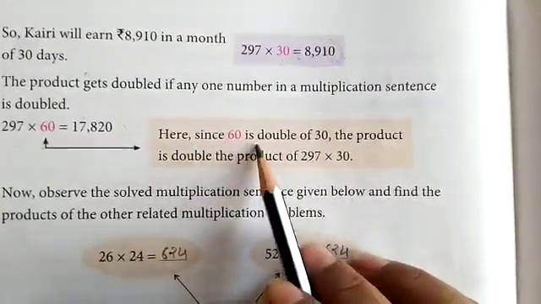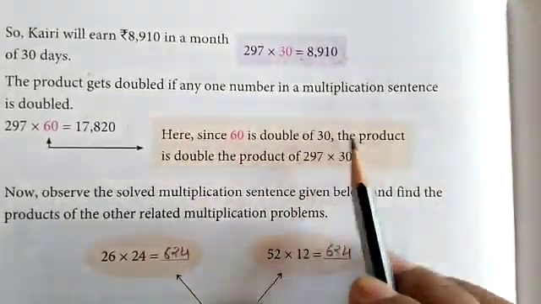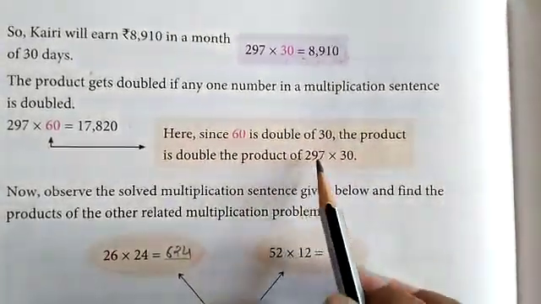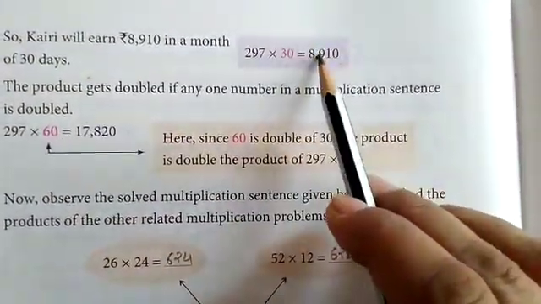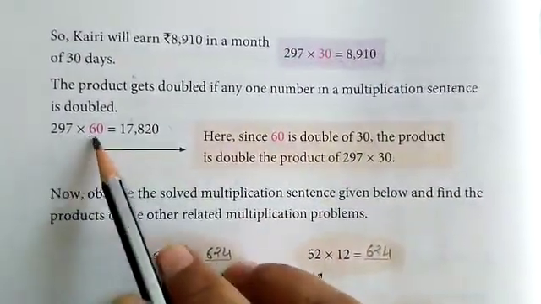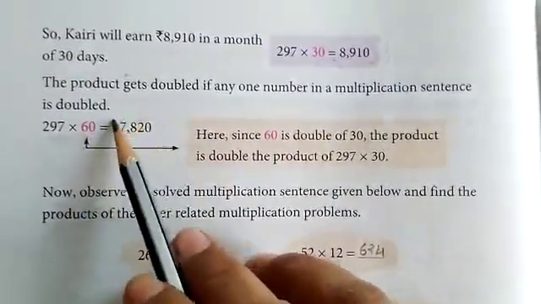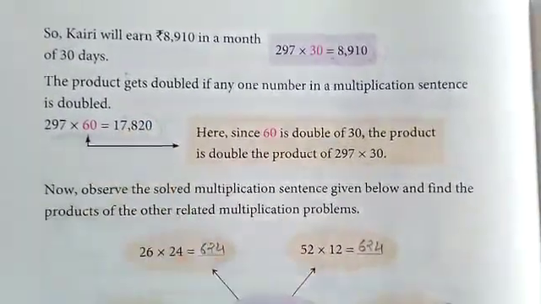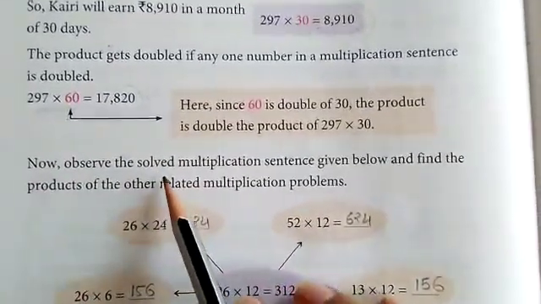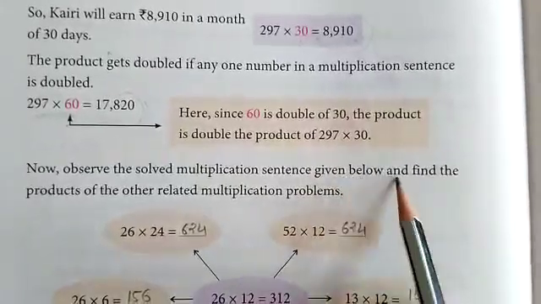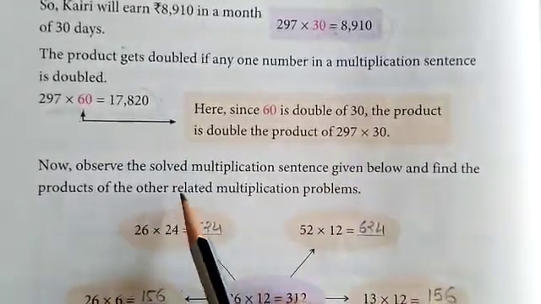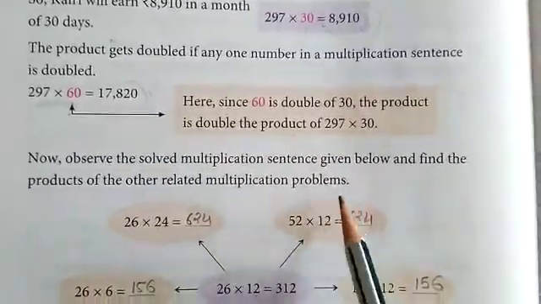Here, since 60 is double of 30, the product is double the product of 297 multiplied by 30, means we multiply this product by 2 and we get the answer of this multiplication. It is 17,820.